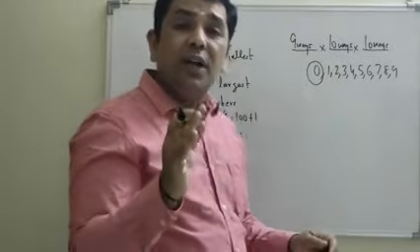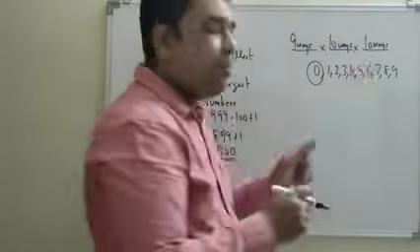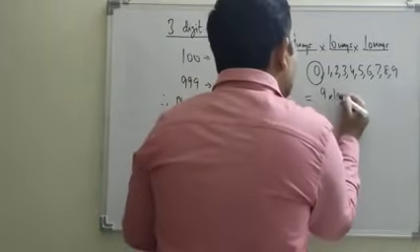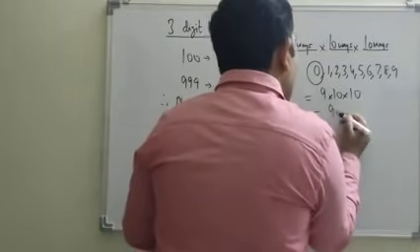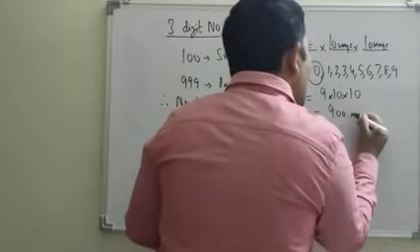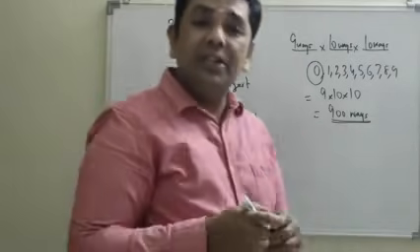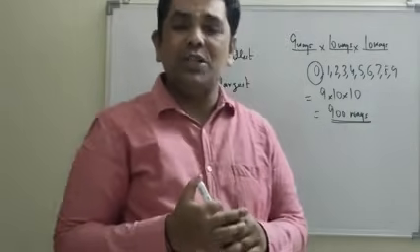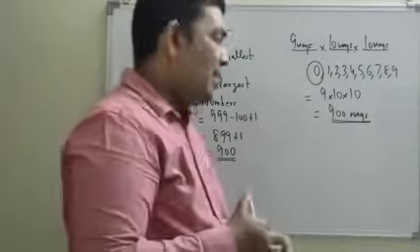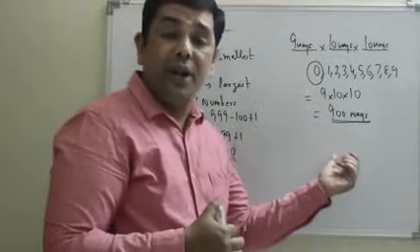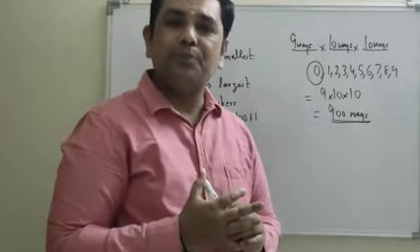So what is the total number of ways in which these 3 places can be filled? It is 9 into 10 into 10, which is 900. That is the explanation of why we have 900 different 3-digit numbers.